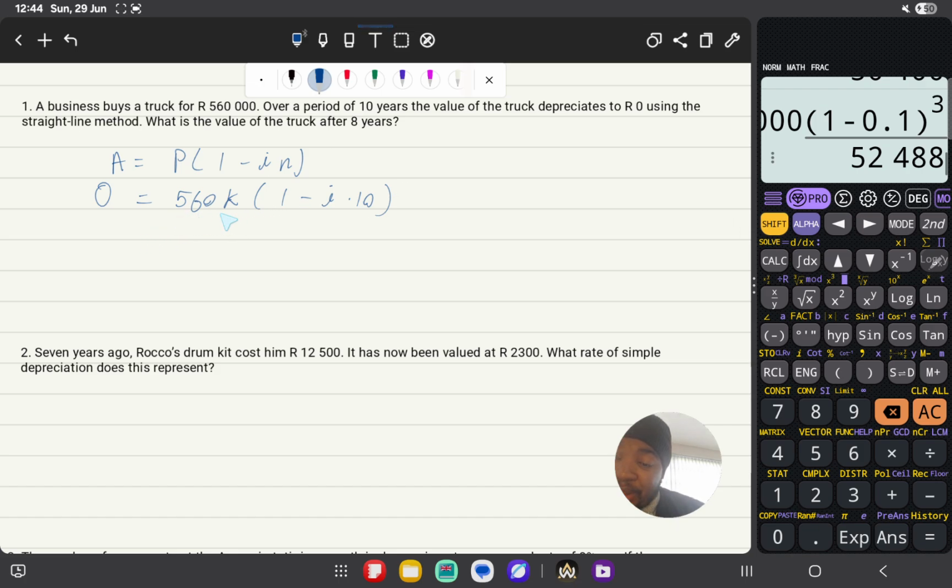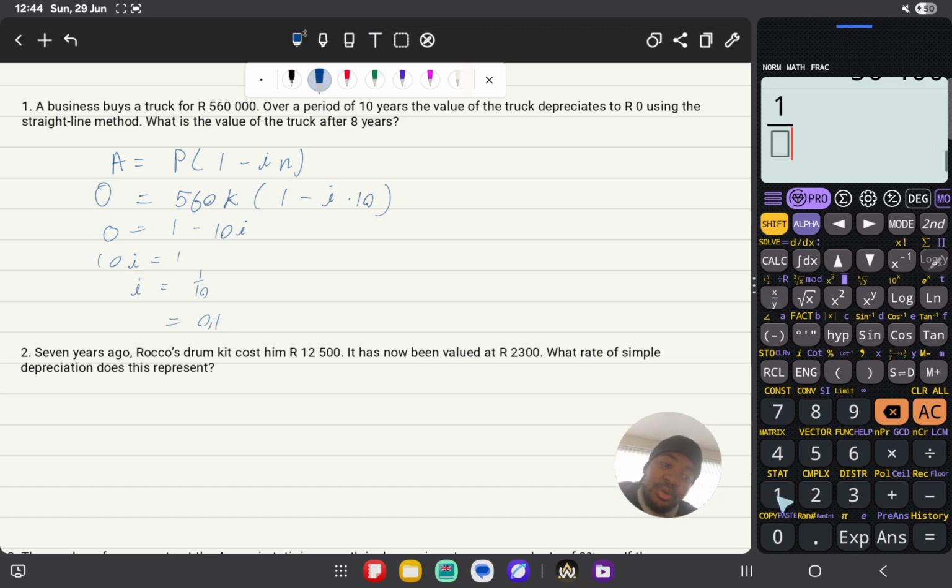When you divide both sides by 560k, you get 0 equals 1 minus 10I. Then 10I equals 1, then I equals 1 over 10, which is 0.1.